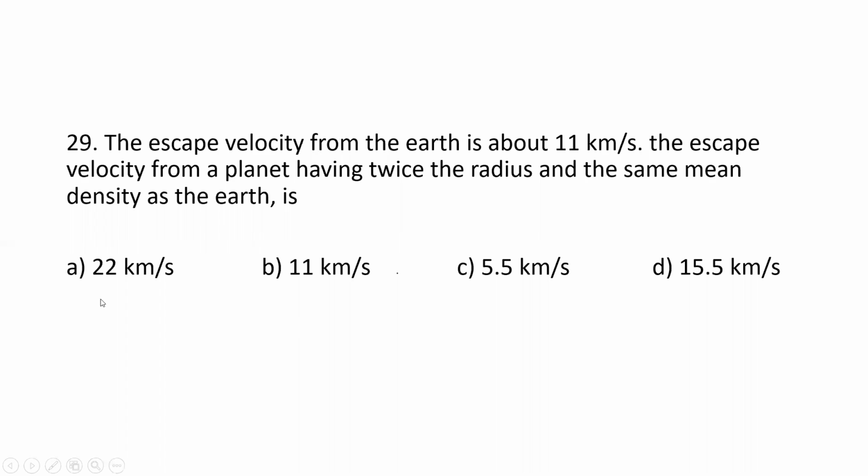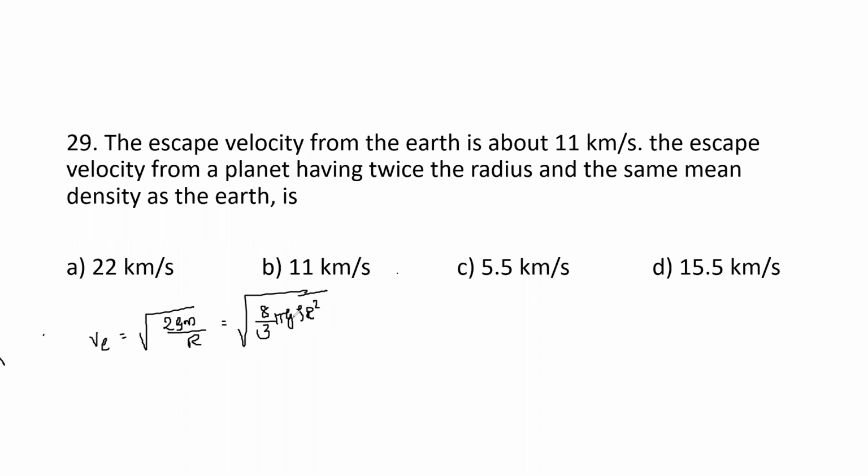The formula can be written as escape velocity V is equal to root of 2GM divided by R, which is equal to root of 8 by 3 into pi into G into rho into R square.